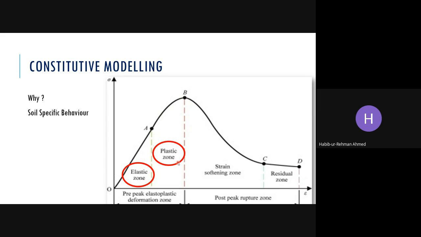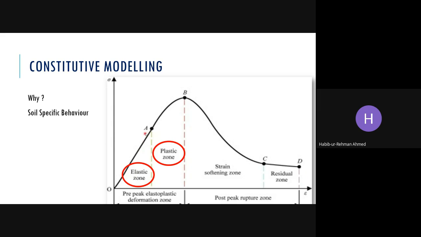I have already given you a very general definition of the plastic zone. Here, on any unloading of the material, there will be a permanent settlement. Now, the material has yielded. This point A, we usually call it the yield stress or the yield point.